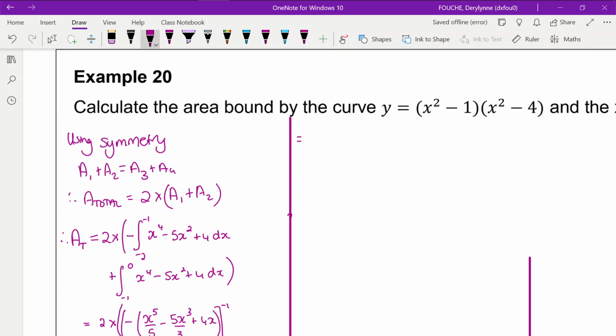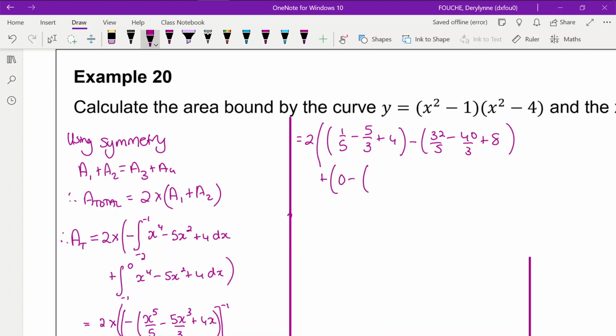And we still have our 2 there. 2 multiplied by, and we have 1/5 minus 5/3 plus 4, minus 32 over 5 minus 40 over 3 plus 8, and to that we are adding 0, take negative 1/5 plus 5/3 minus 4.